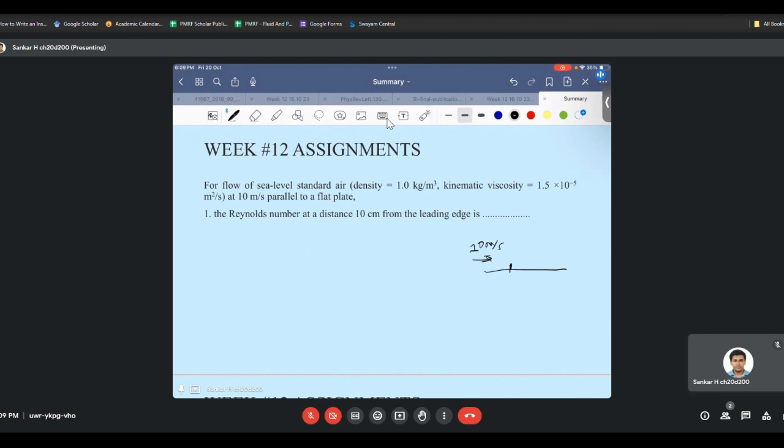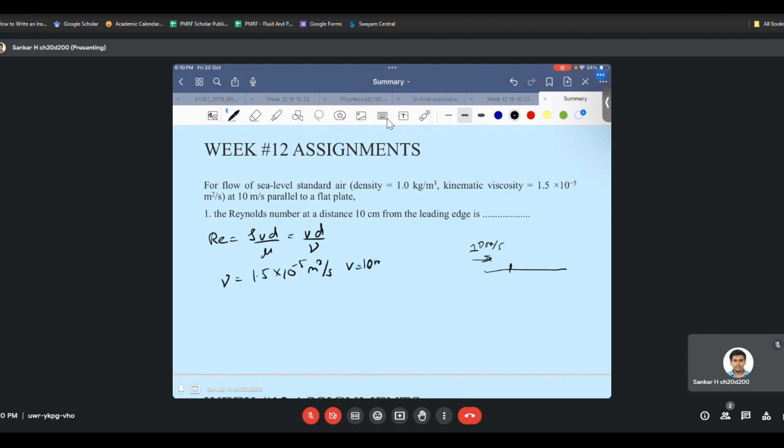So let us consider the formula for Reynolds number, which is rho Vd by mu, also given as Vd by nu, where nu is the kinematic viscosity, given as 1.5 into 10 raised to minus 5 meters square per second, and the velocity is given as 10 meters per second.